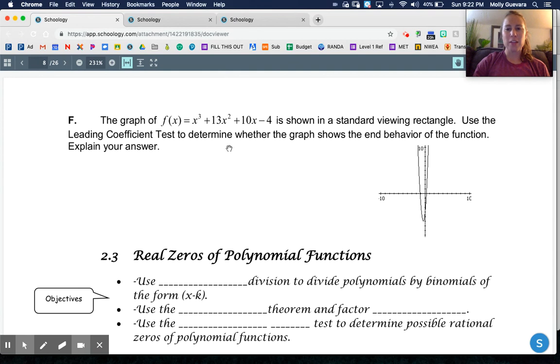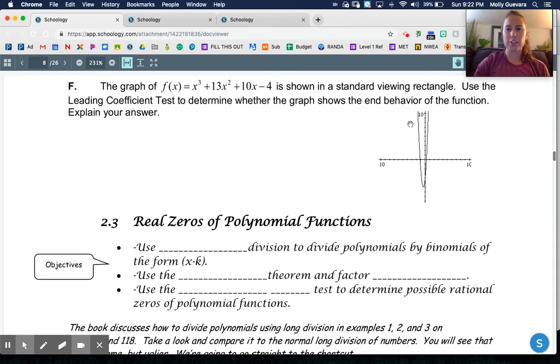Okay. So the last problem, it says the graph of f of x equals x cubed plus 13x squared plus 10x minus 4, and it's shown in the standard viewing rectangle. Use the leading coefficient test to determine whether the graph shows the end behavior of the function. Okay, so the degree here is 3, right?